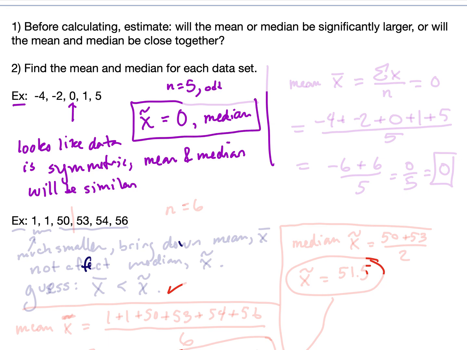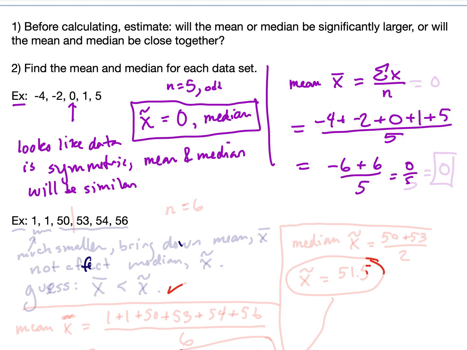We've already calculated the median because this is a really small set of data that was easy to do. Let's now calculate the mean, x with a bar over it. That's the sum of the data values divided by the number of data values. So in our case, that's -4 plus -2 plus 0 plus 1 plus 5 divided by 5. -4 plus -2 is -6, plus 0, plus 6, over 5.